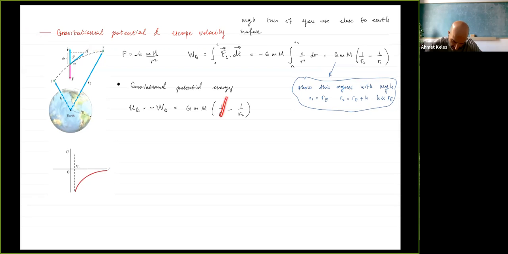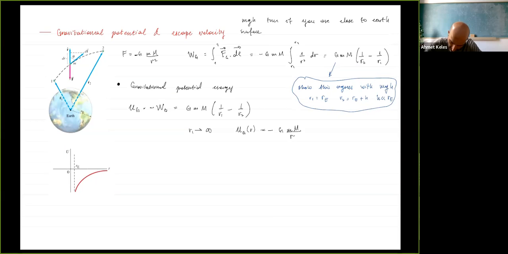You can take r1 to infinity in this equation, and what you'll find is, okay, take r1 goes to infinity, then gravitational potential energy U of r is going to be equal to minus G M m over r.